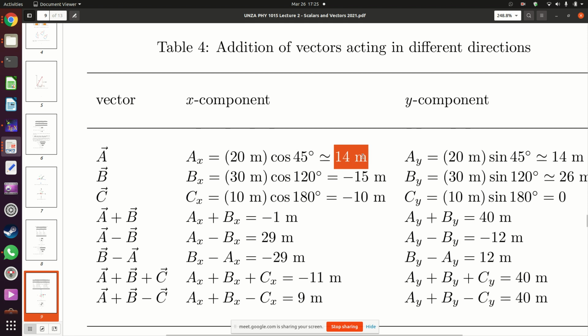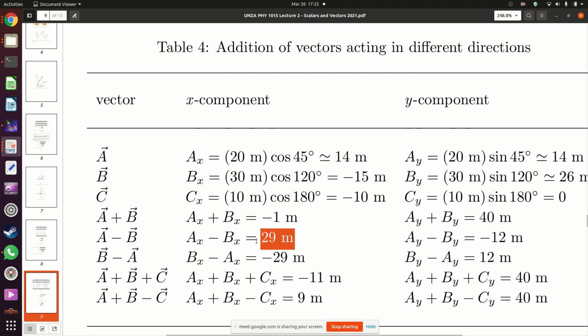AX is 14 meters minus, then BX is minus 15 meters. So what you have here is 14 meters minus minus 15 meters, and that gives you 29 meters. So A minus B along the x-axis in this case is 29 meters.